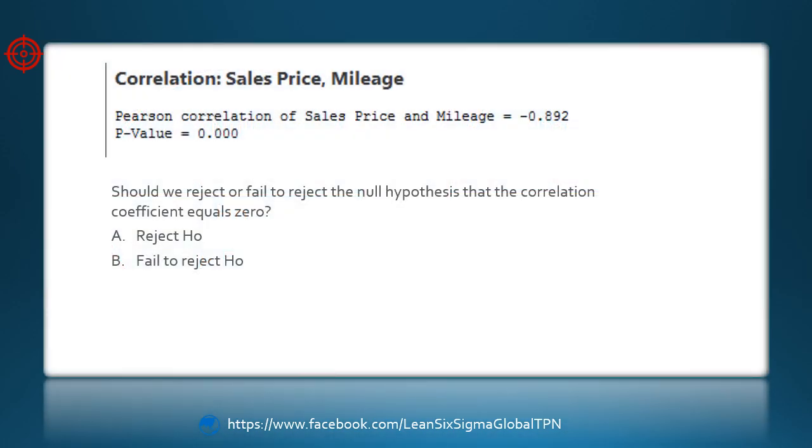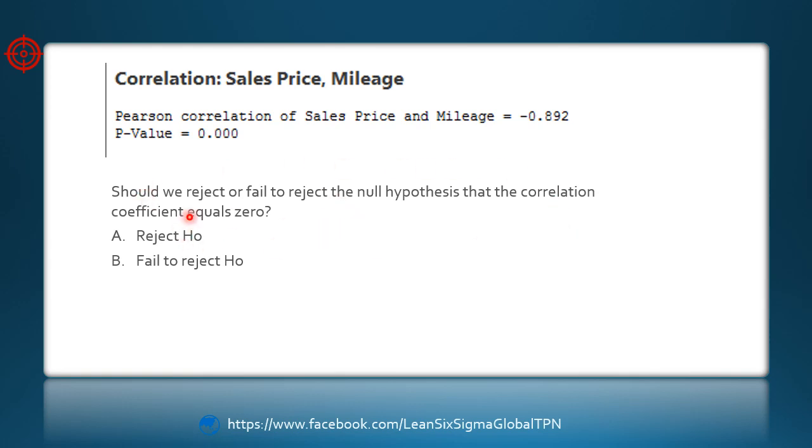Here is the output from Minitab for the correlation between mileage and sales price. The p-value is less than 0.05. So should we reject or fail to reject the null hypothesis that the correlation coefficient equals 0?